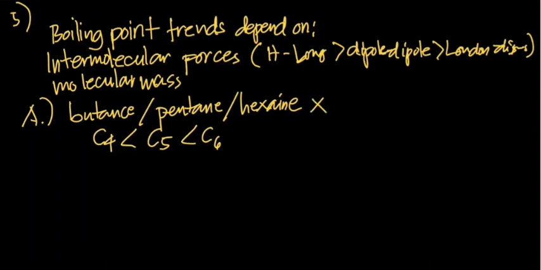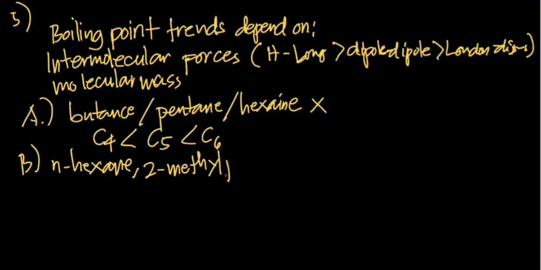And for option B, what is this compound? 1, 2, 3, 4, 5, 6. That is hexane. Option B, we have n-hexane, a straight chain alkane. And then we have 2-methylpentane, because it has a methyl group here, 1, 2.